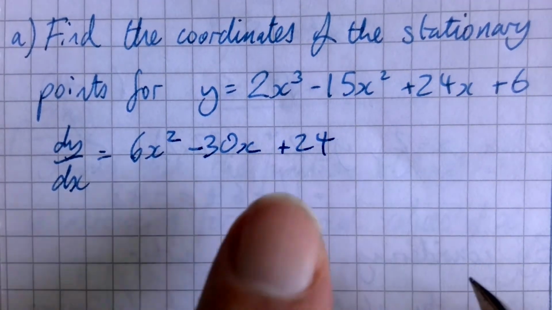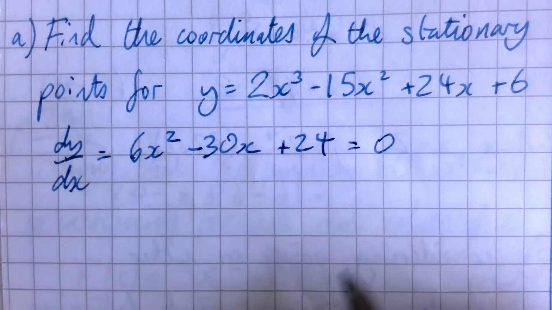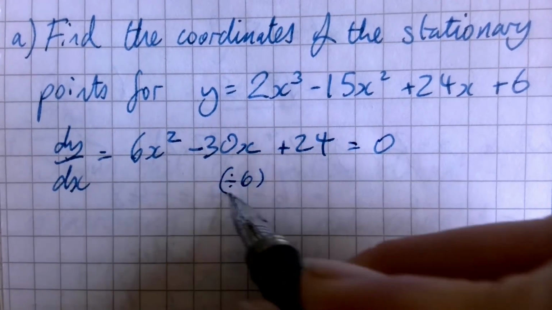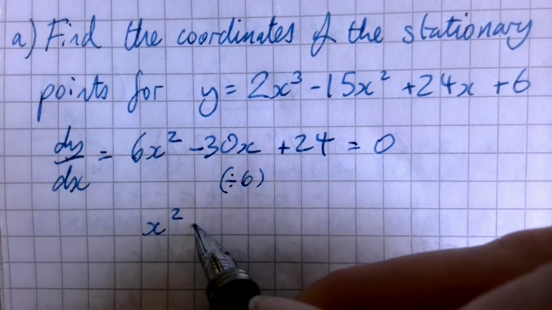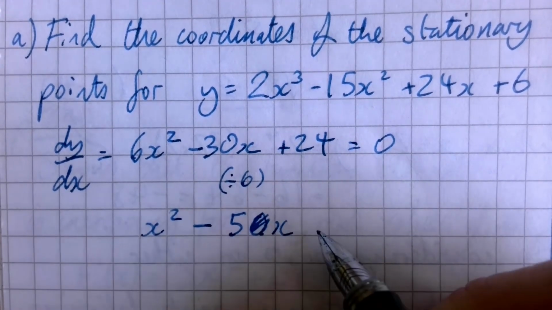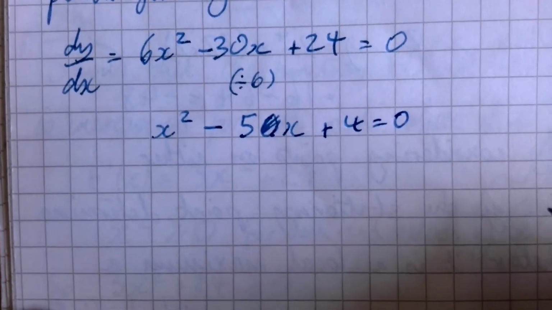Now we need to know when this would be 0. So if we say that's equal to 0, I can see 6 goes into all of those, so I can make my life easier. I say it's x squared minus 5x plus 4 equals 0.